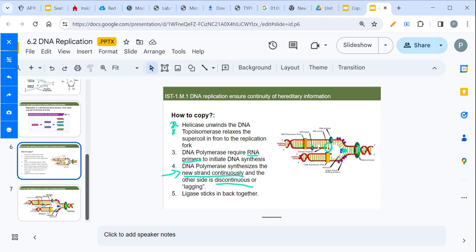So here is your lagging strand, made up of Okazaki fragments. Here's your leading strand, where it is consistently making DNA, not having to remove itself. And then finally, we're going to be using DNA ligase in order to stitch the Okazaki fragments all back together.